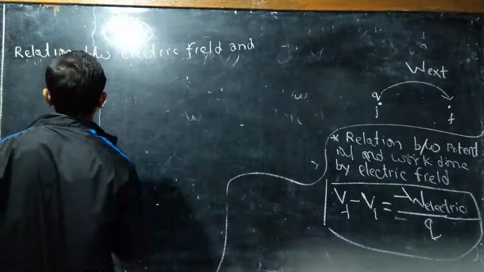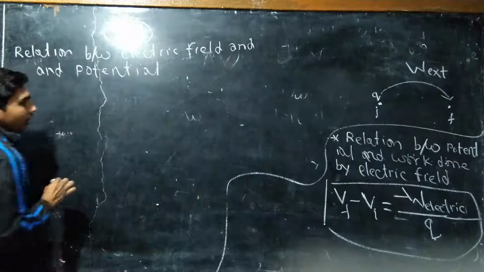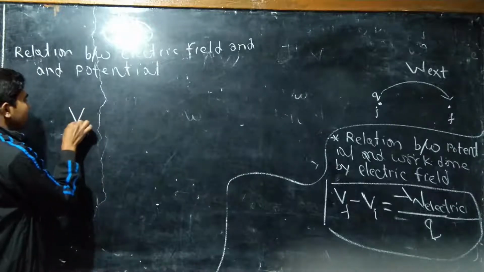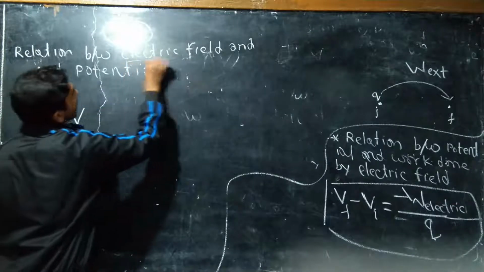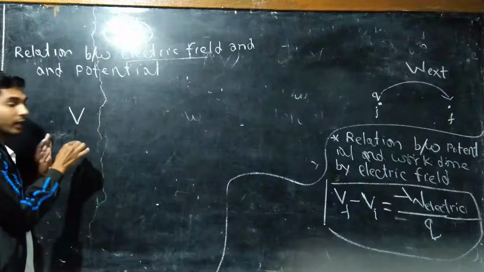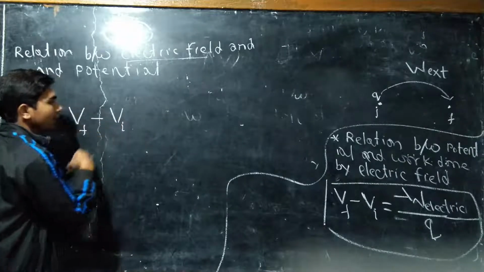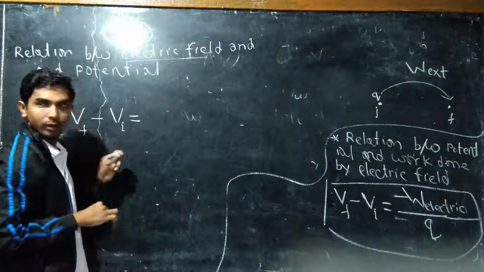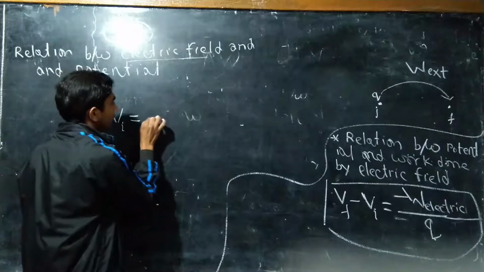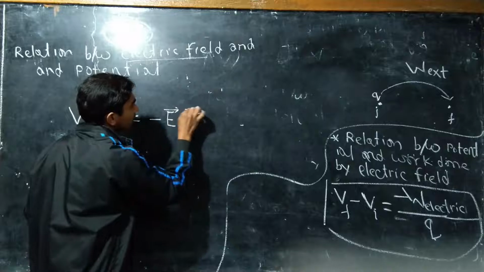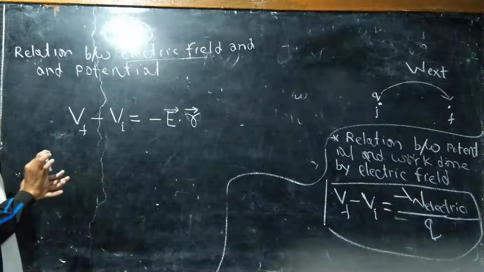Now I'm going to engage electric field and potential. So further we can write V final minus V initial is minus of E dot R.